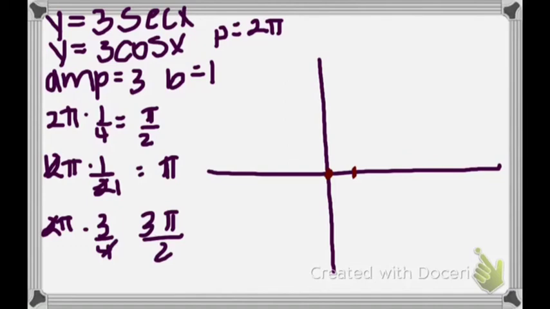Then we plug in the numbers in here. Pi over 2, pi, 3 pi over 2, and the endpoint would be the period, which is 2 pi.